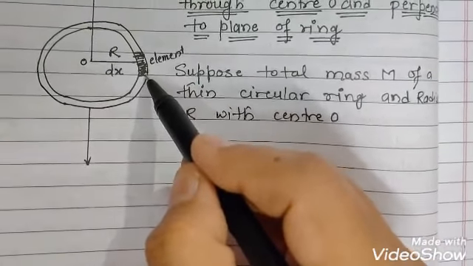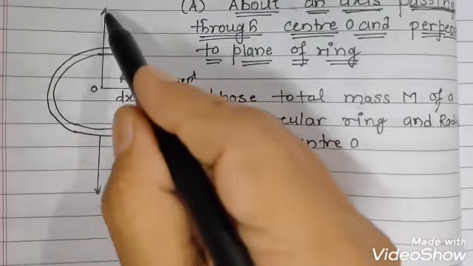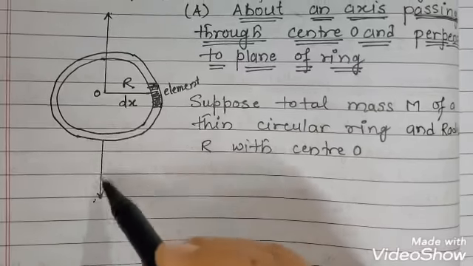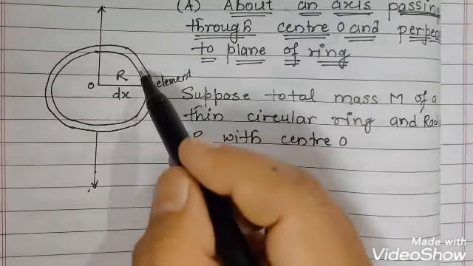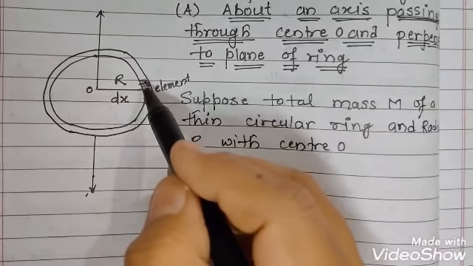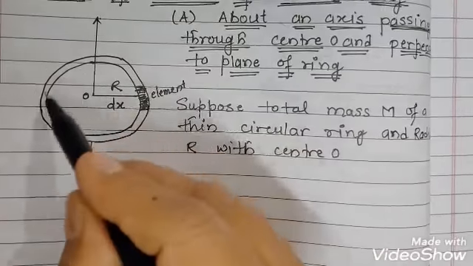First of all, we'll take out the moment of inertia of this small element about this axis which is passing through the center, and we'll extend it, or integrate it, for the whole length of the ring.